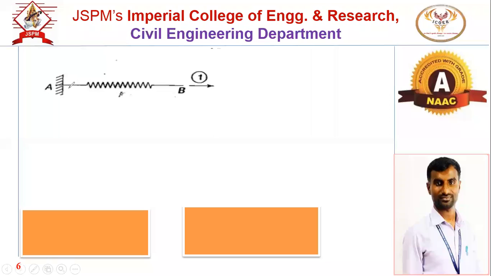For that spring, one end is fixed, and at the other, free end we have applied an axial load of P1 kilonewton, at point 1, that is point B. Due to that force, the corresponding elongation is delta 1, and the applied load is P1.